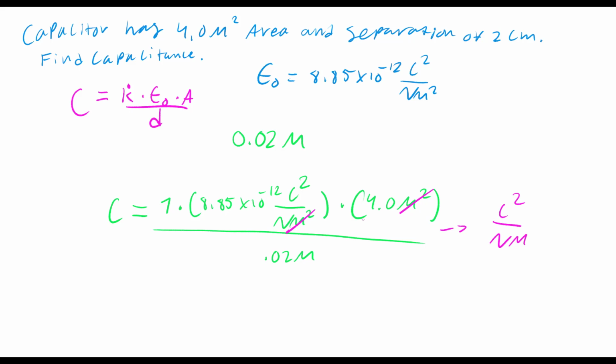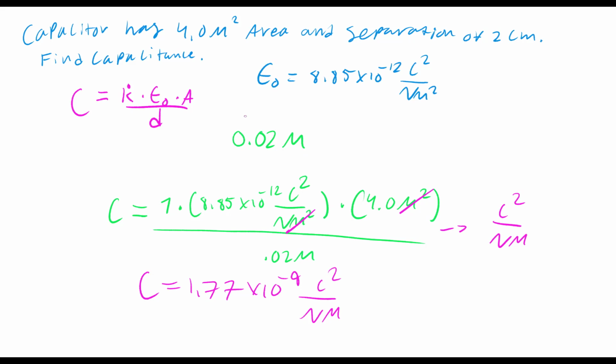We have 8.85 E negative 12 times 4, divided by 0.02, and it turns out that our capacitance is very small. It's 1.77 times 10 to the negative 9. You could say Coulomb squared per Newton meter.